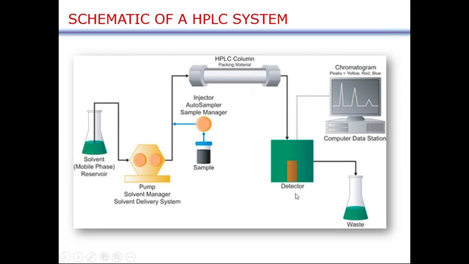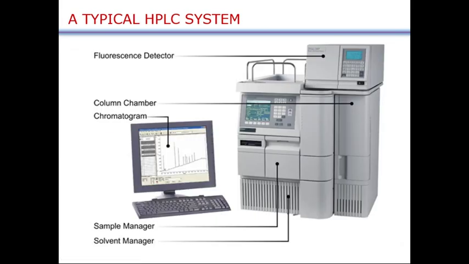And then you have a detector to detect the analyte, and then you have a data system or a computing facility to look at the results of the separation and do any calculation that is required. The solvent that passes through the column is collected in the waste. So this is what a typical HPLC system is. What you saw in the previous slide was just a diagrammatic view.